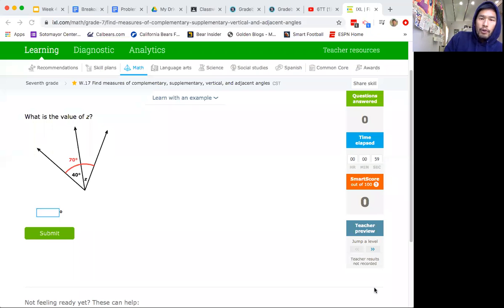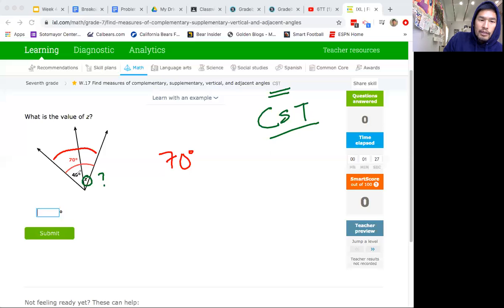So again, we are working on skill CST. This one says, what is the value of angle Z? Well, let's take a look at what we know and what's given to us. First, we see this red arc, and it's telling us the measure of this angle is 70 degrees.